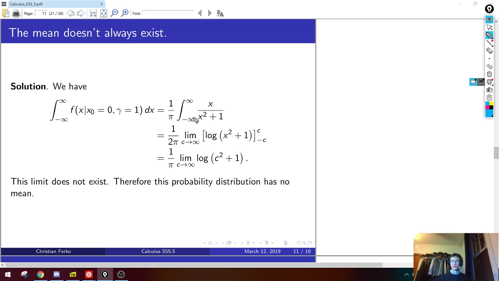endpoints. And if you try to remind yourself of what the definition of one of these improper integrals is, it's really the limit as c goes to infinity of this thing evaluated at the two endpoints, right? But the problem is that this thing is symmetric, so when I plug in c or minus c, this thing becomes positive in either case. So you can actually, just by symmetry, take this to be twice the limit as c goes to infinity of this thing from 0 to c, and at 0 it vanishes.